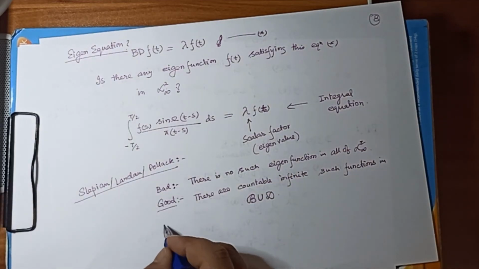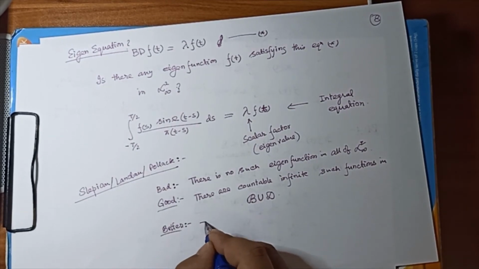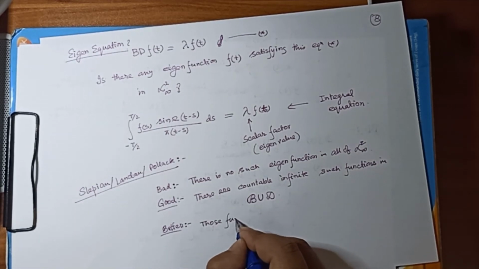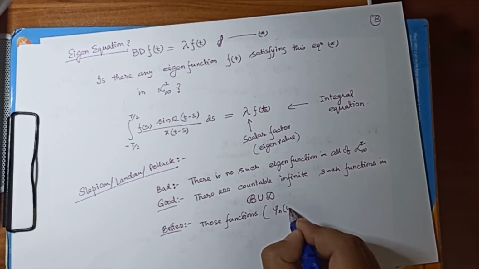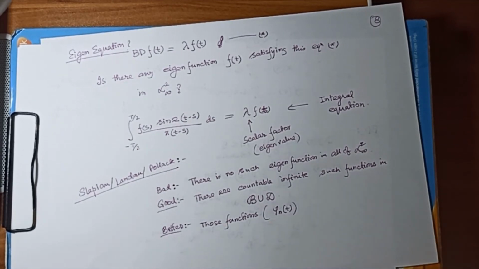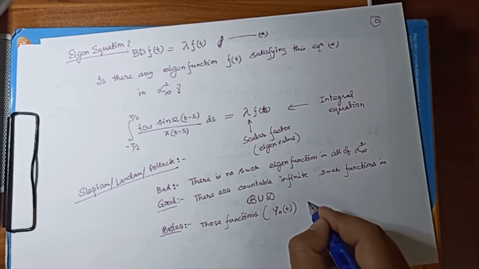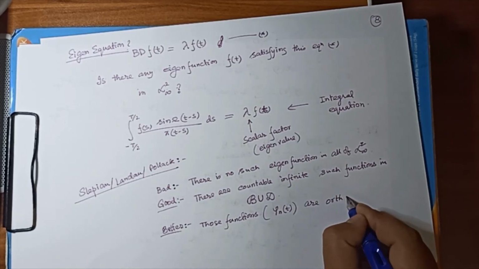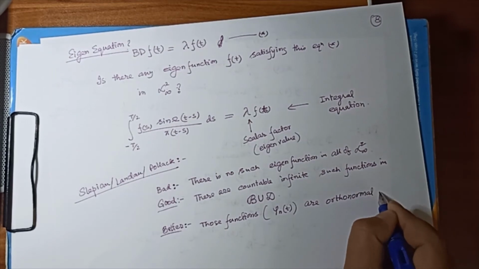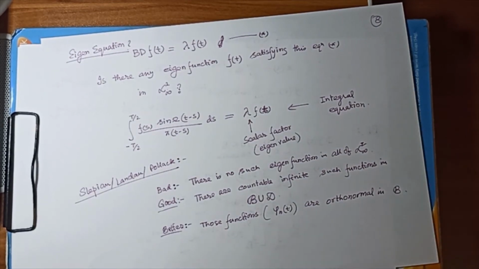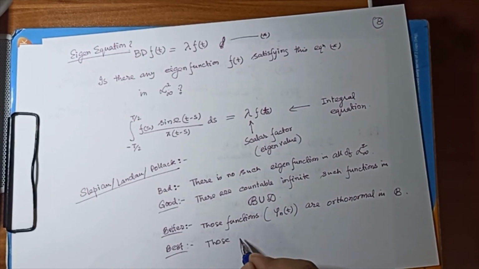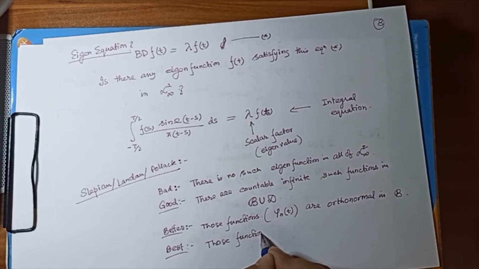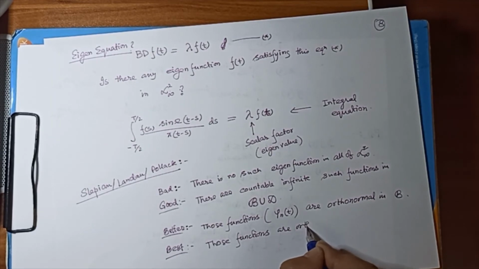Not only that, it is even better: those functions, which we will name psi n of t, the so-called eigenfunctions, are orthonormal in B. That is better. And the best is those functions are orthogonal in D.